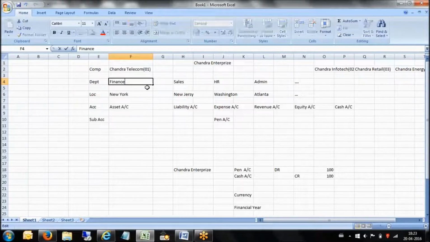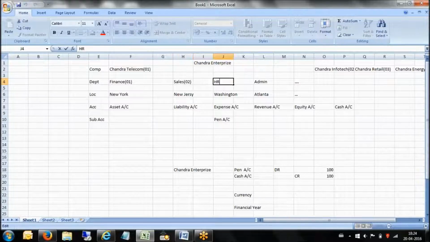In the same way for departments, I feel that right now we are in 2 digits, or we may expand within 2 digits tomorrow. Keeping that in mind, I'm keeping it in 2 digits again.